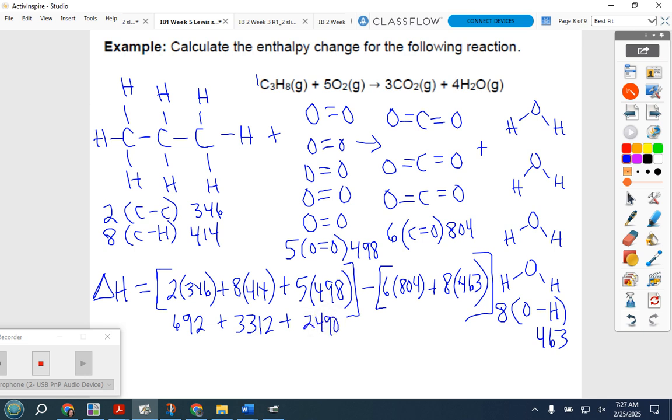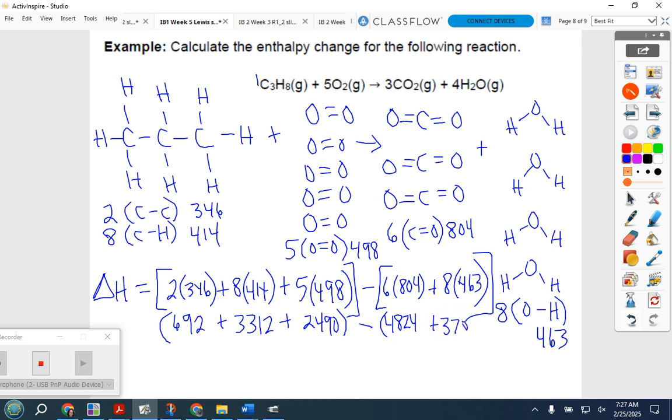So we're going to add all those together, and that's going to be the sum of the bonds from our reactants, and we're going to subtract the sum of the products. So 6 times 804, 4824, and 8 times 463 is 3704.